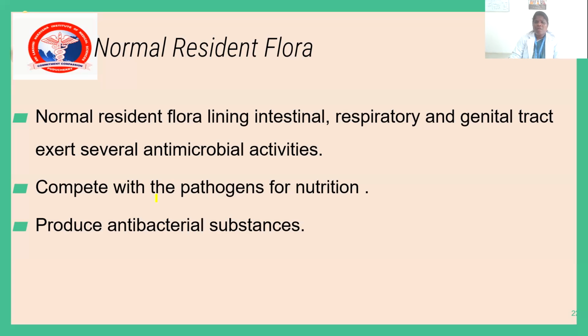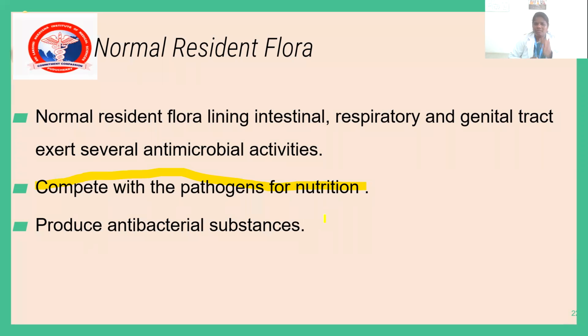Okay. What is the role of normal resident flora? Normal flora competes with the pathogenic flora and resists the pathogenic flora settling in the normal site. So it competes with the pathogens for nutrition. For example, on the skin there is Staphylococcus epidermidis, which is present normally as a normal flora. In order to survive, Staphylococcus epidermidis will not allow any other bacteria to settle there.